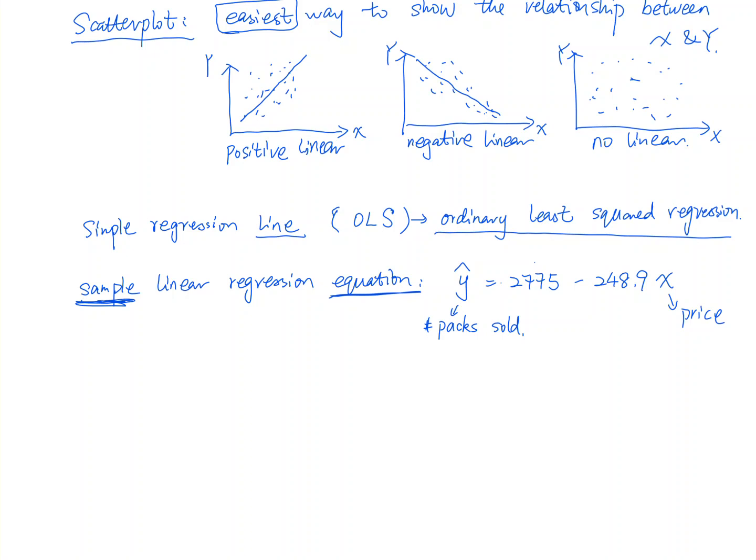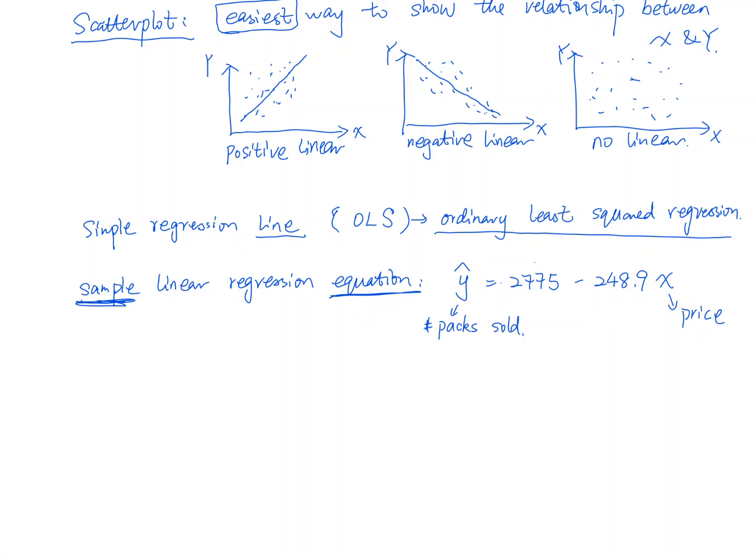Why do we call it an equation, not a model? So here, a model is to describe a population. So you have one population, then you will have one corresponding model. But for an equation, that means whenever you have a random sample, you will have an equation based on the sample.